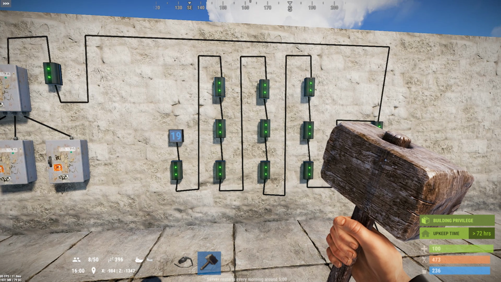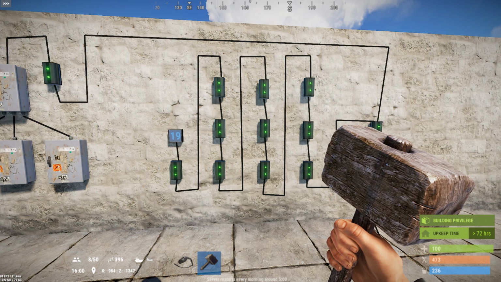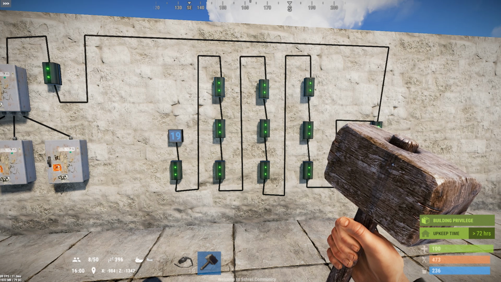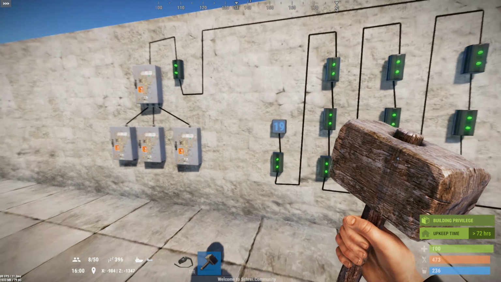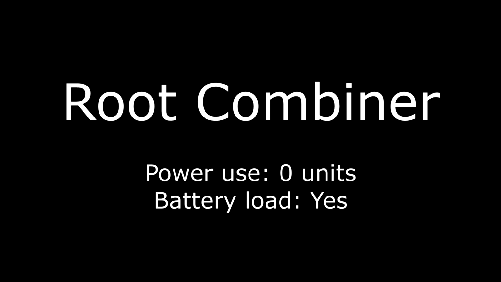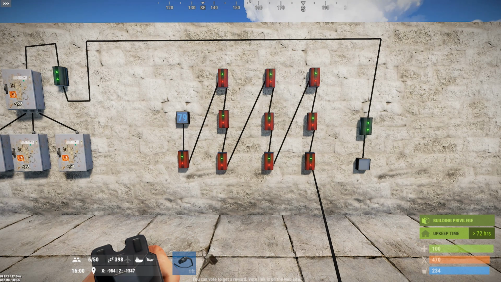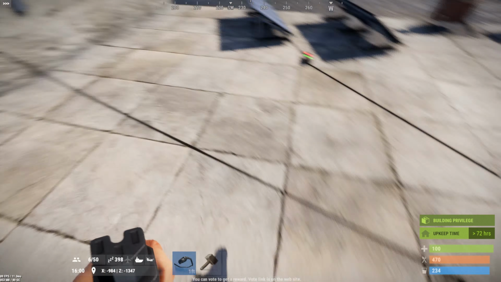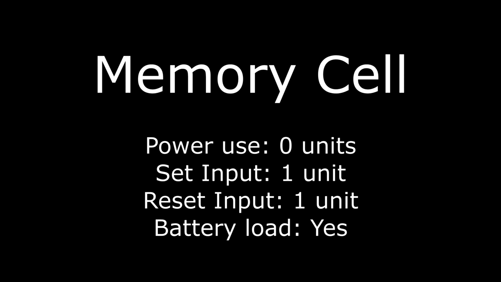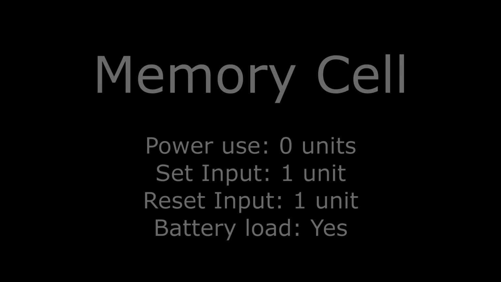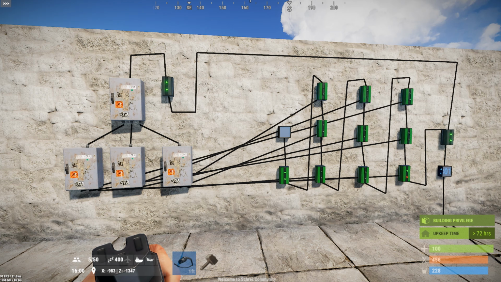Branches take 3 power: the 2 they are branching off and the 1 that they use for themselves to operate. Root combiners do not consume power. Very interesting, right? Interesting anomaly on the memory cell.